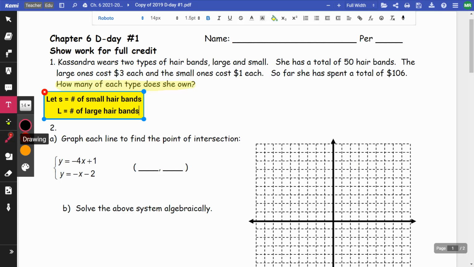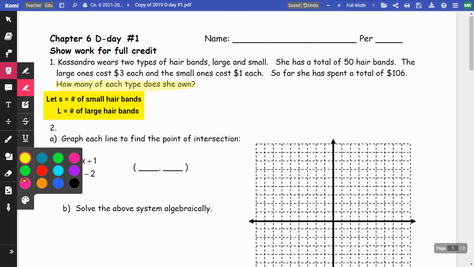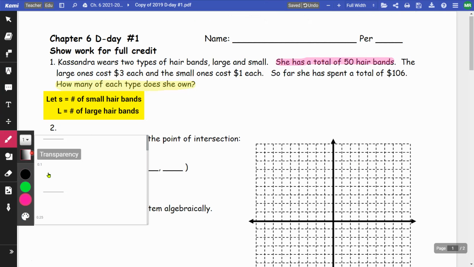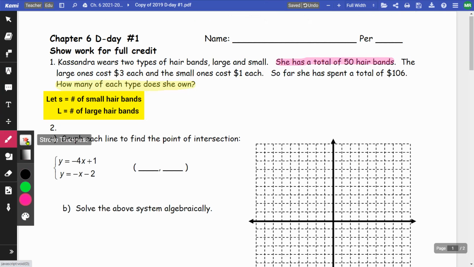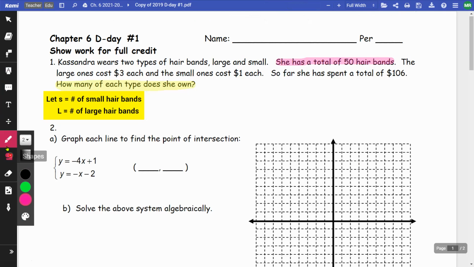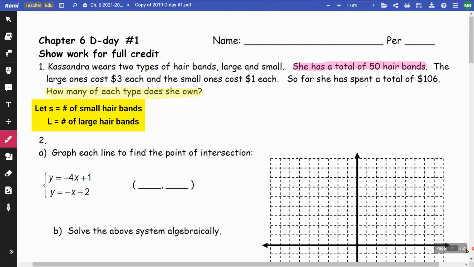And I'm going to be writing 2 equations. One equation is going to come from, she has a total of 50 hairbands. So I am going to write for the first one, and I'm going to do a cursive lowercase s, so it doesn't look like a 5.